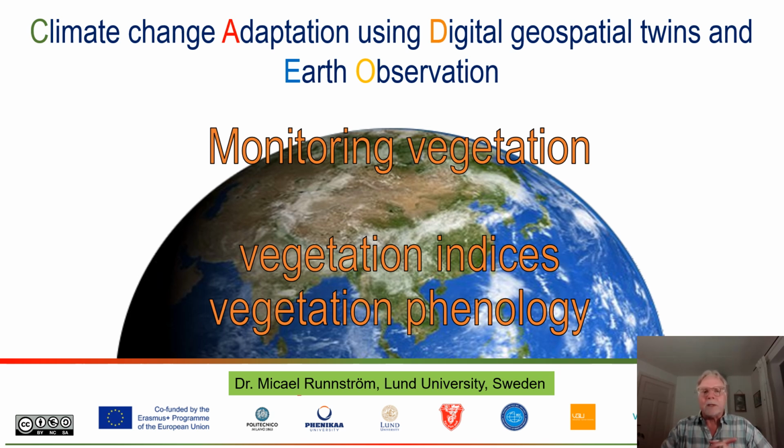So the more vegetation we have, the more carbon is sequestrated in the terrestrial environments of the Earth. And therefore, vegetation monitoring is a very important topic in Earth observation. We will also talk about vegetation indices and also vegetation phenology in this lecture.